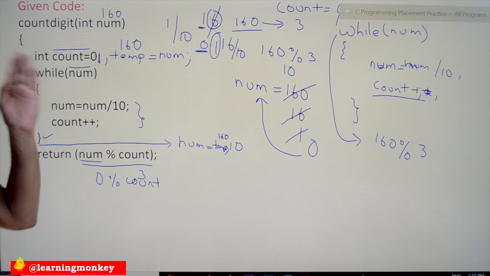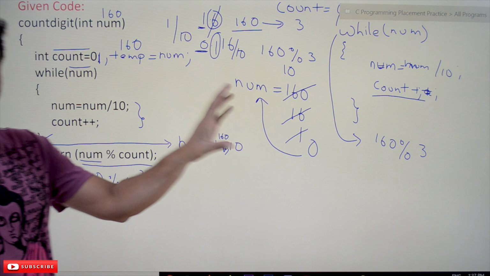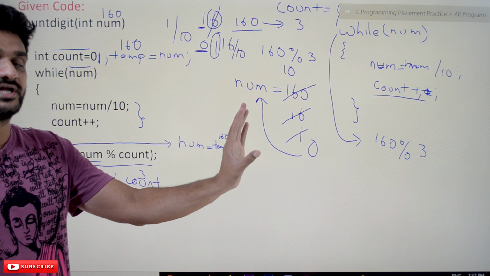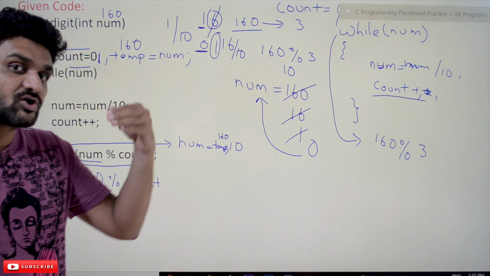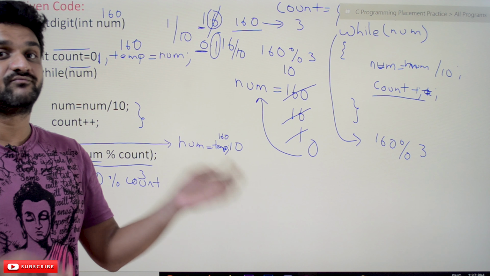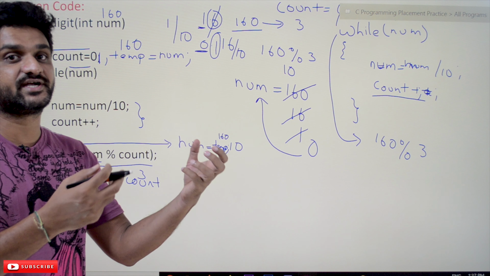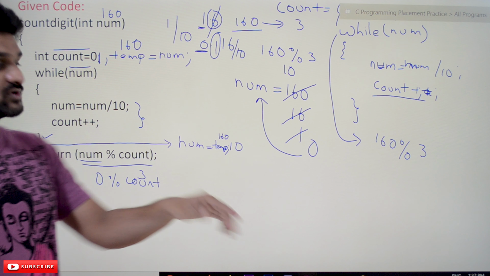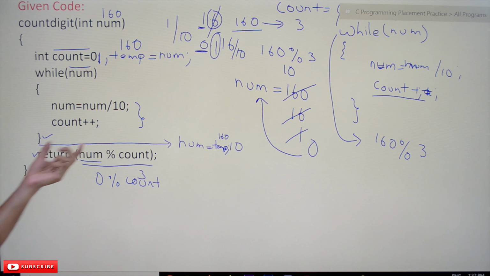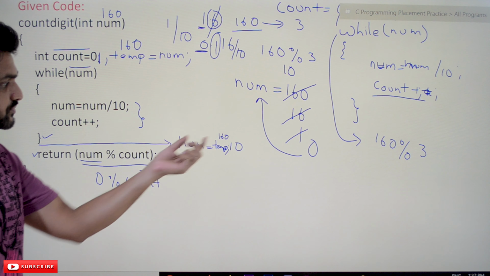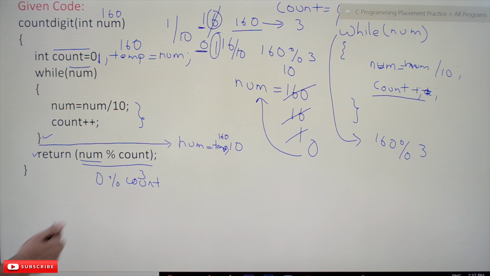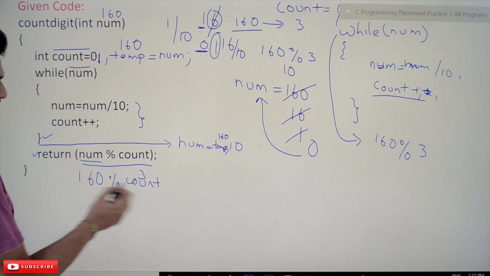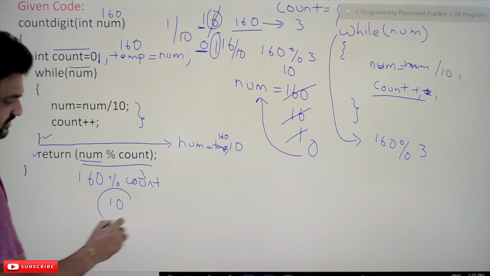In this while loop, we are changing the original value of num. So we keep a copy of that value for use in the next part of the program. Here again we store the temp value to num, and now it is going to be 160 by 3, which is going to produce a value of 10.